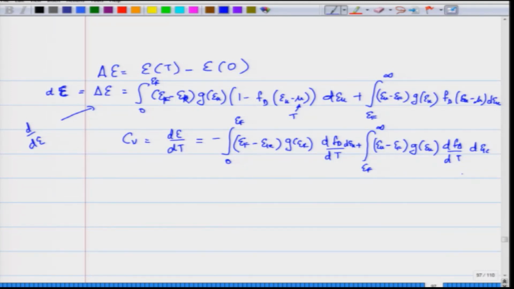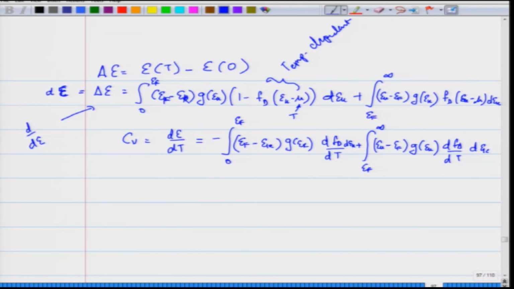So, when you take the derivative of the above expression, which corresponds to the change in energy when you change the temperature, then this is the only one which is temperature dependent.